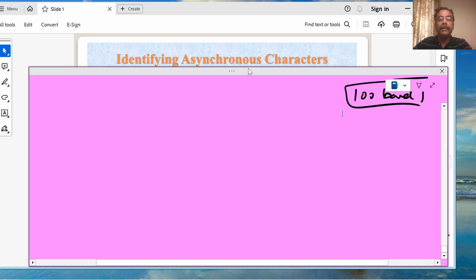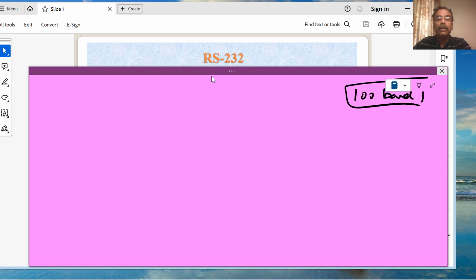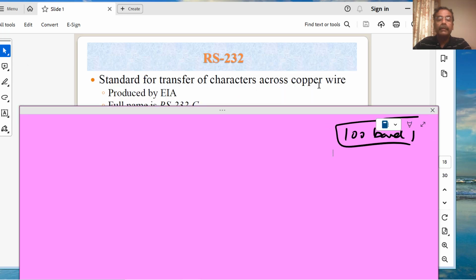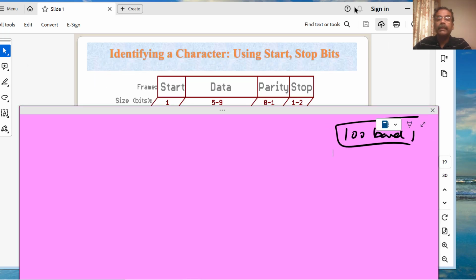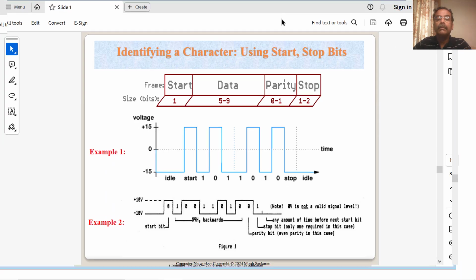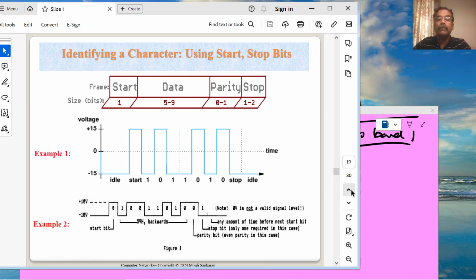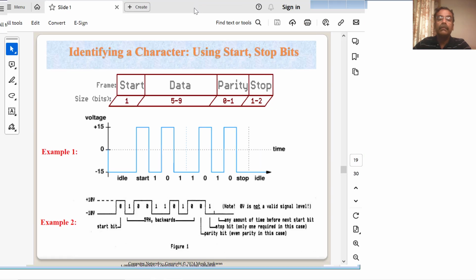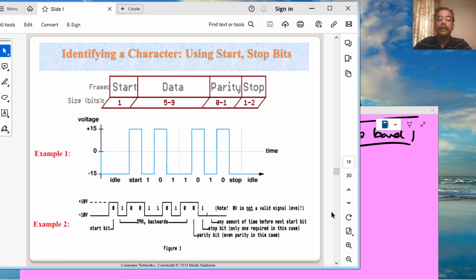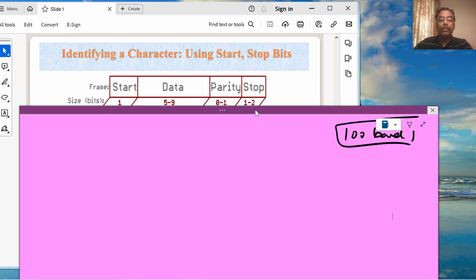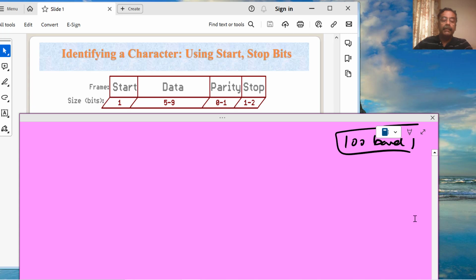Now let me make visible to you the encoding we saw at the top. Now suppose I am interested in sending an RS232 signal. Of course, the start bit is 1, there is no change in it.